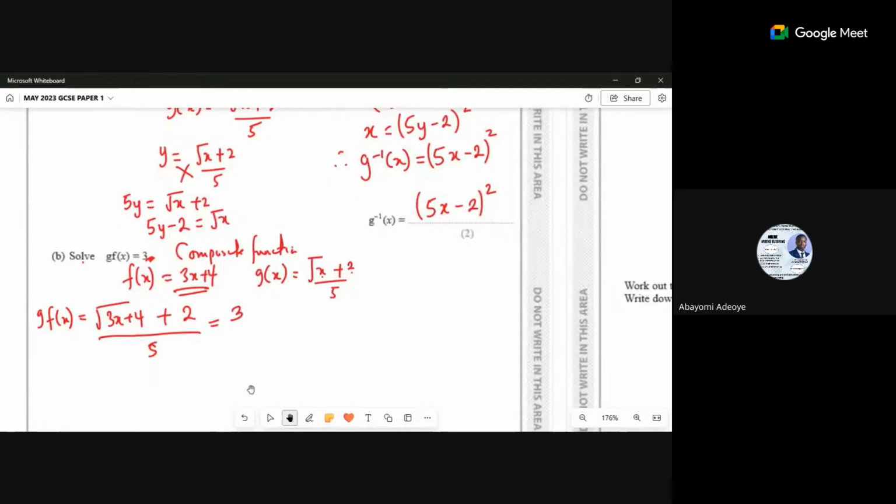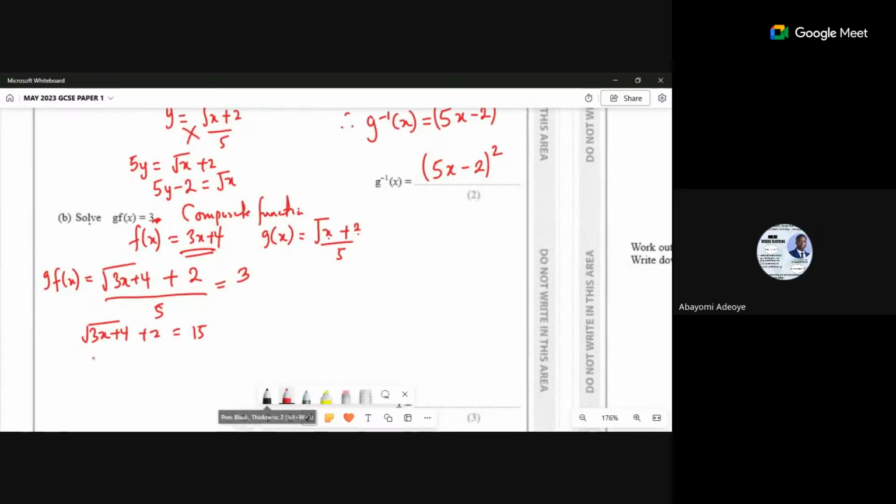So 3x plus 4 plus 2 equals 5 times 3, which is 15. So I have root 3x plus 4 equals 15 minus 2.